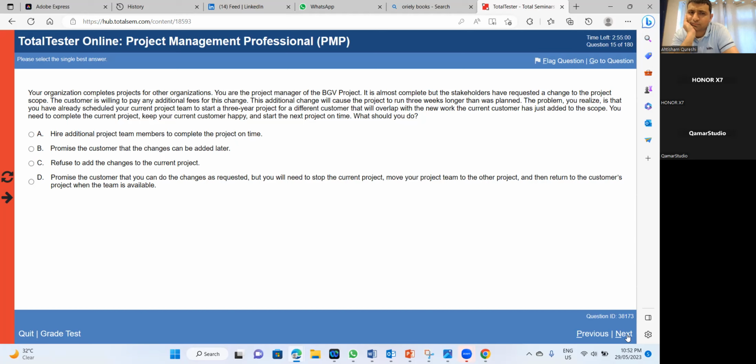And we cannot say we will stop here, complete the other project, and after 3 years come back and add the changes. That is not even possible. He will say, no, you have to do it. So I think the most appropriate answer will be to hire additional team members to complete the project, because they agree to pay you the additional charges and fee as well.